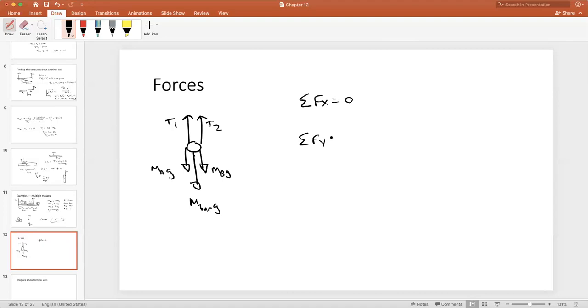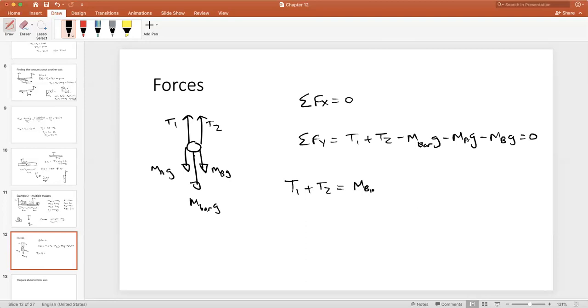The sum of the forces in the Y is going to be T1 plus T2 minus M bar times G minus MA times G minus MB times G is equal to 0. And again, I know what all these masses are.